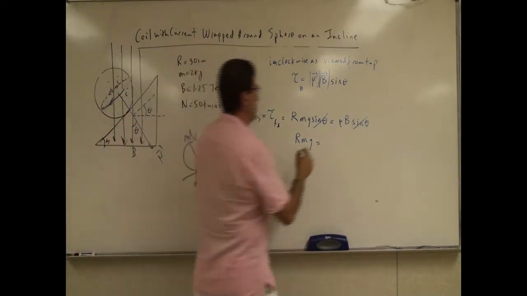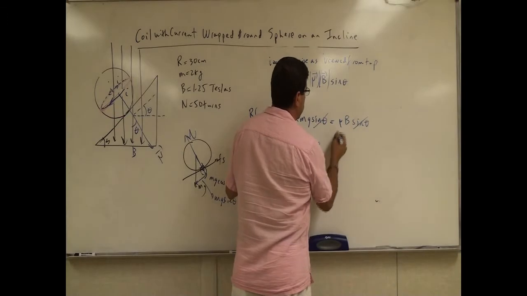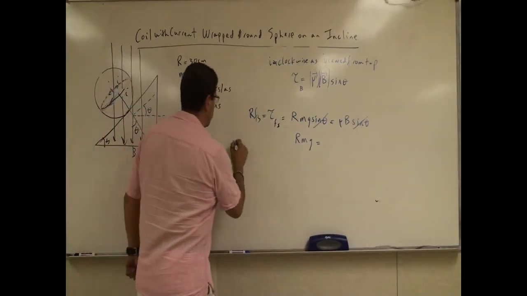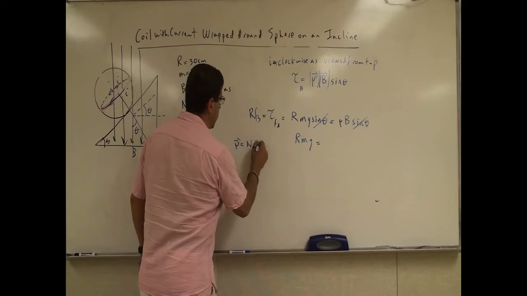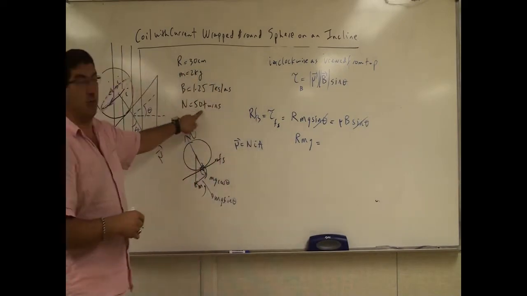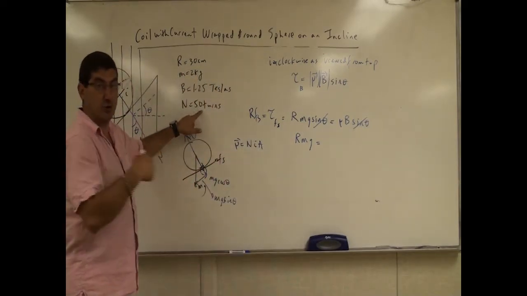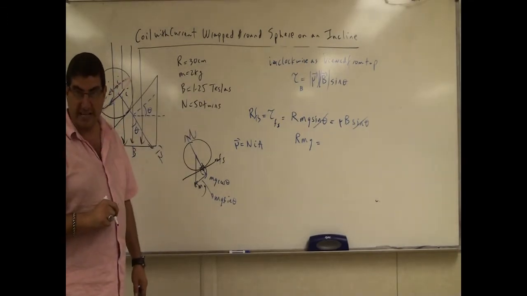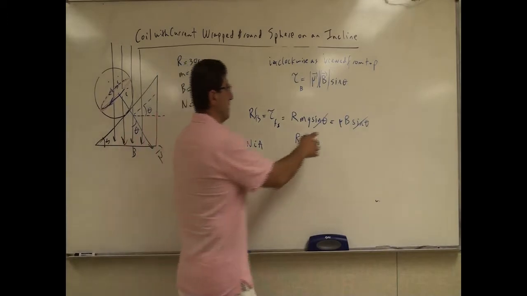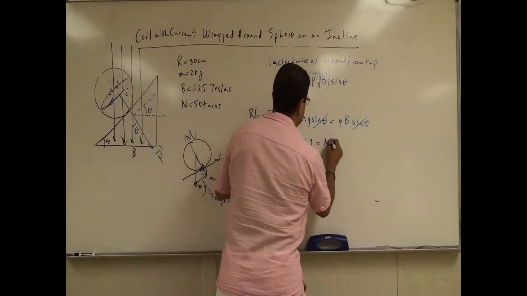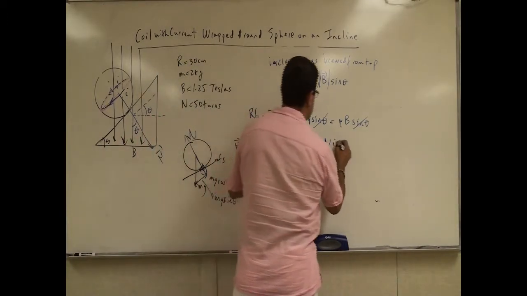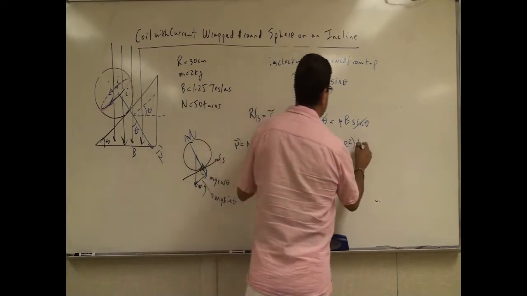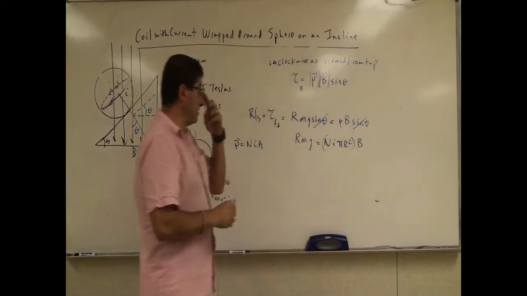Mu is N I A, because we have more than one turn; each time the coil turns around once, you're adding more to the magnetic moment. So the magnetic moment is N I, and then A is pi r squared. Then we multiply that with the magnetic field B.